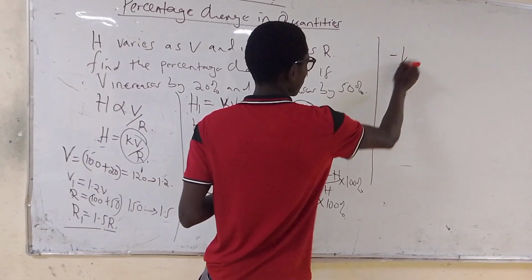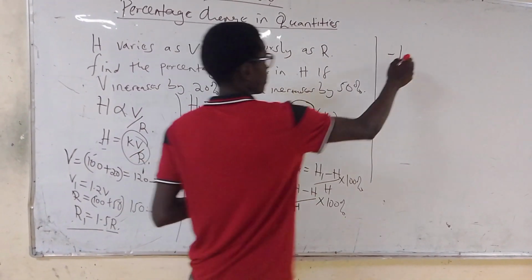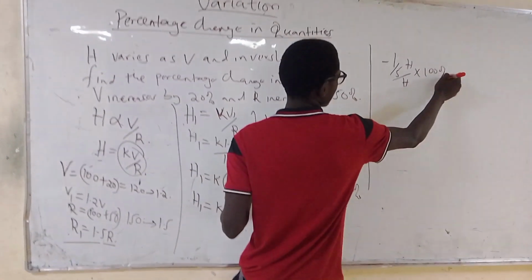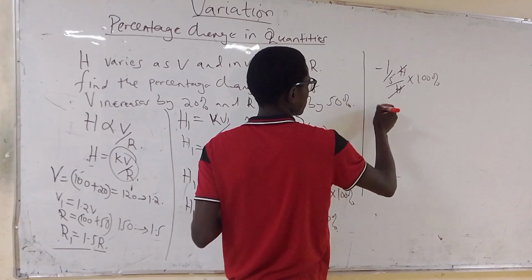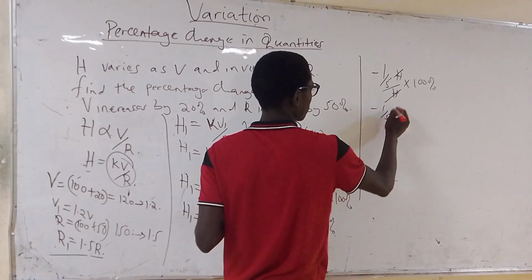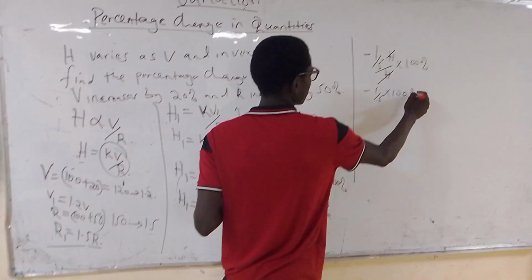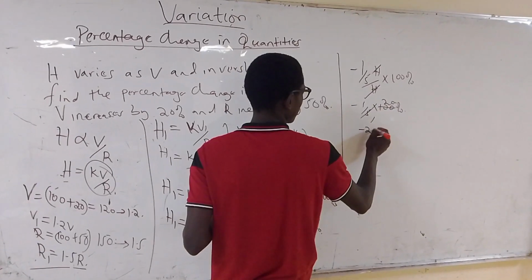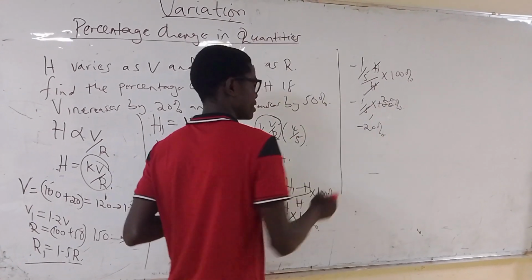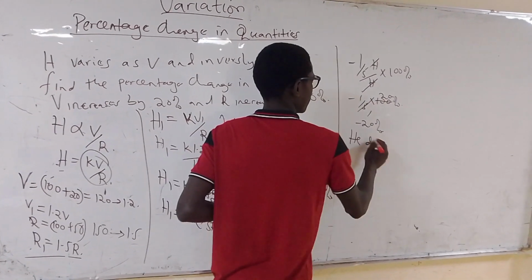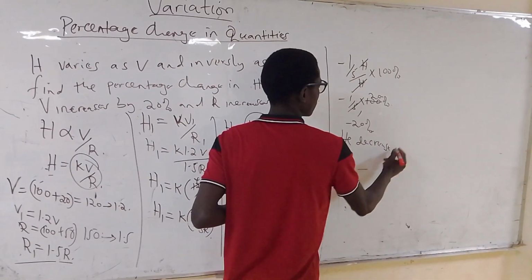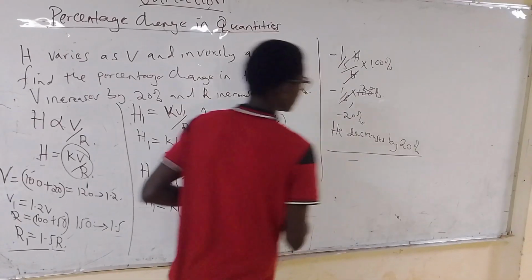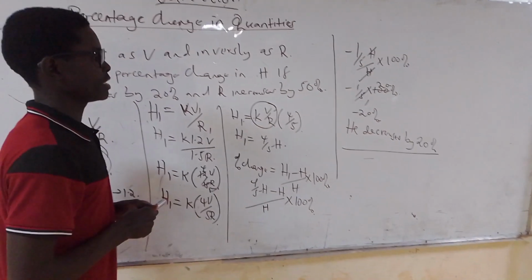That is negative 1 over 5. H over H multiplied by 100%. So this goes with this one. It's negative 1 over 5 multiplied by 100%. 5 here, 1, 5 here, 20. So it's negative 20%. So we say H decreases by 20%.